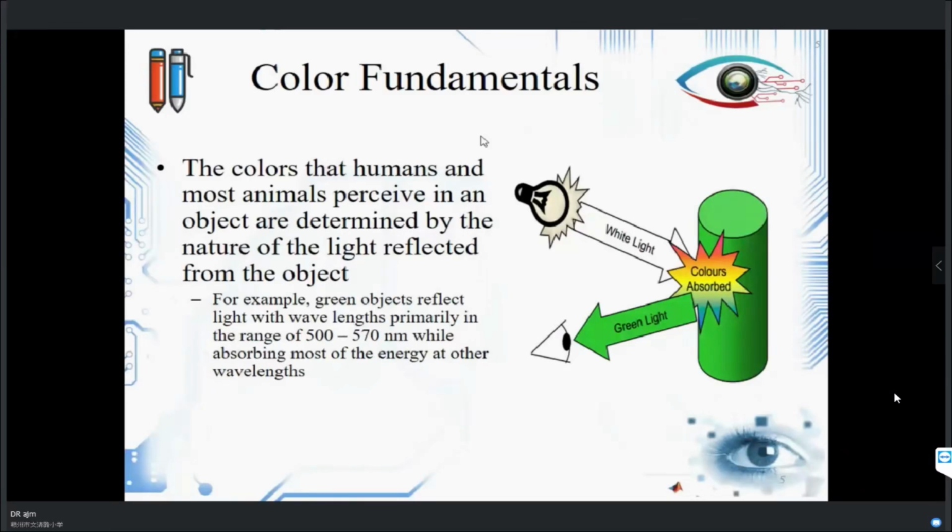As an example, we can see a green object which reflects wavelengths probably in the range of 500 to 570 nanometers, while absorbing most of the energy at the other wavelengths. It means that by reflection, an object will act like a filter. It just passes some range of the colors to the human eye, and then you can understand the color.